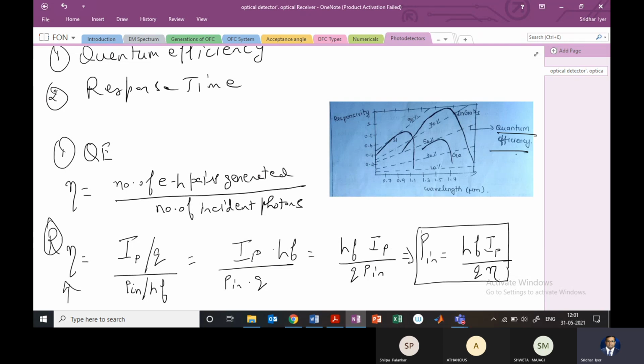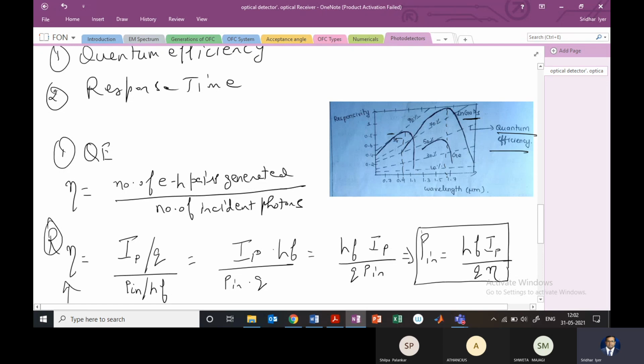It is very much dependent on wavelength. If you see this material here on the right hand side, you can see that its responsivity keeps increasing to a particular wavelength and then dies down. If I just draw the peak value here, it comes to somewhere around 1.6 or so, whereas if you take this material here, its peak value is somewhere around 1000.